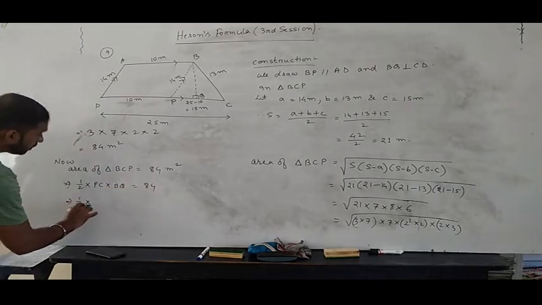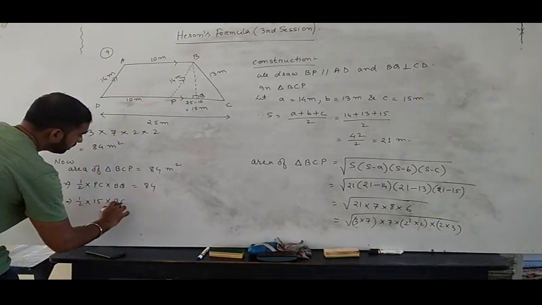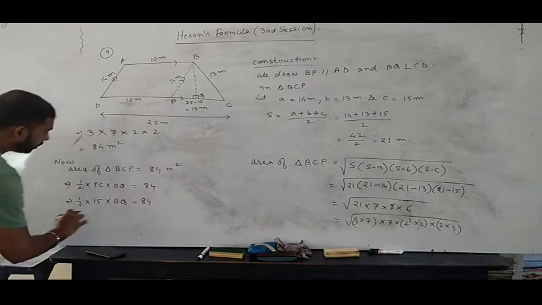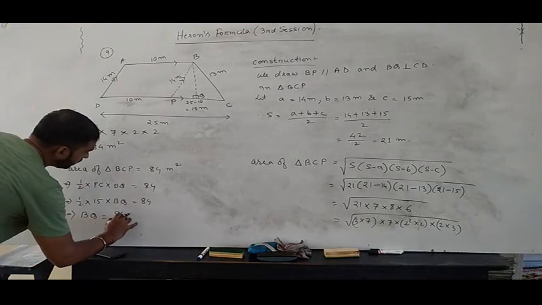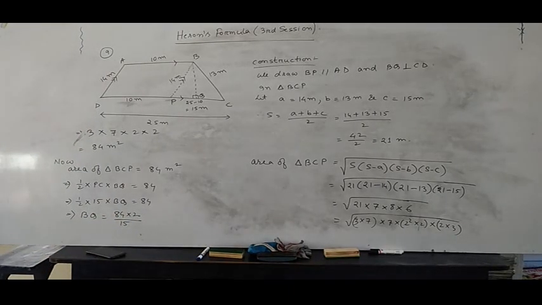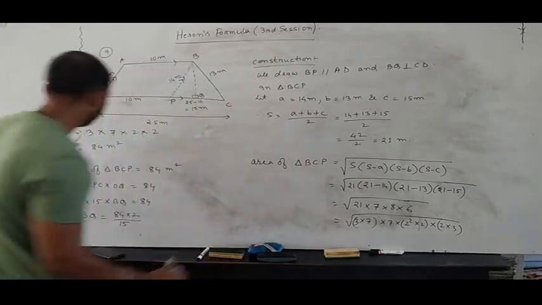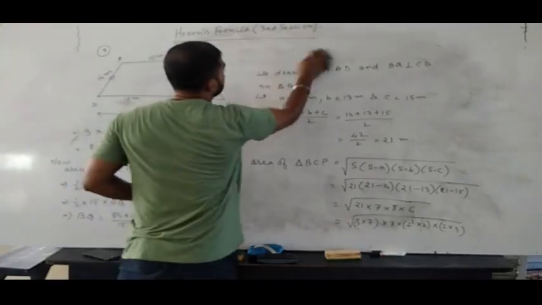So, half, what is PC? PC equal to 15, into BQ equal 84. So, BQ equal 84 into 2 by 15. This one is the height of the trapezium.